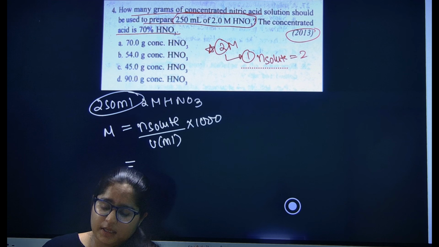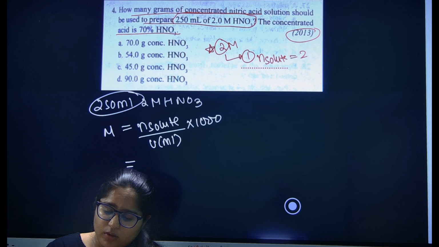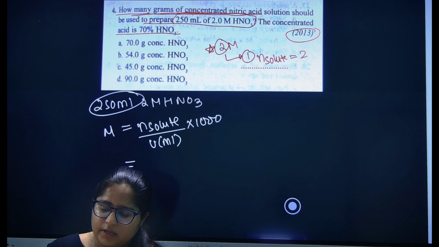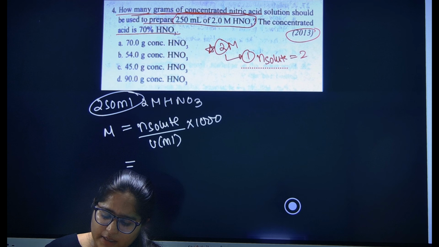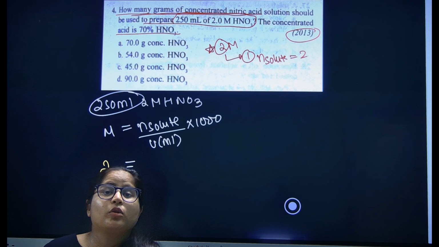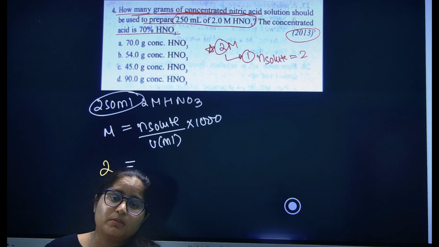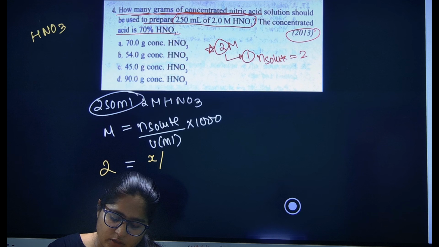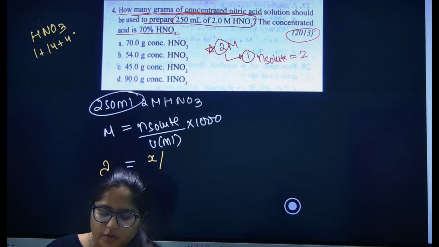Okay, but here they are not asking you mole. What they are asking is how many grams of concentrated nitric acid. So directly I will put molarity as 2 here, and mole, what is the formula for mole? Given mass by molar mass. Given mass is x. Molar mass of HNO3, let us find out. HNO3, hydrogen 1, nitrogen 14, oxygen 16 times 3 is 48.